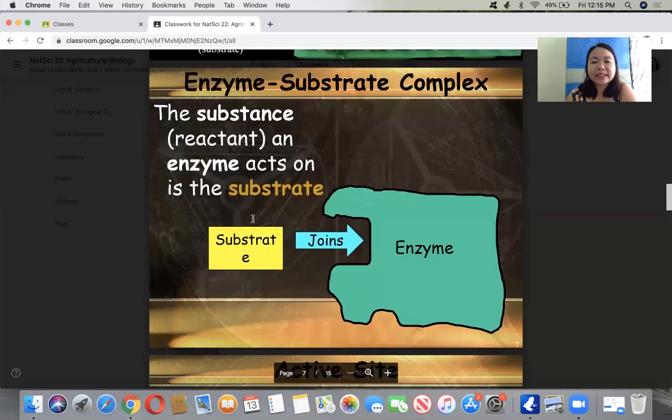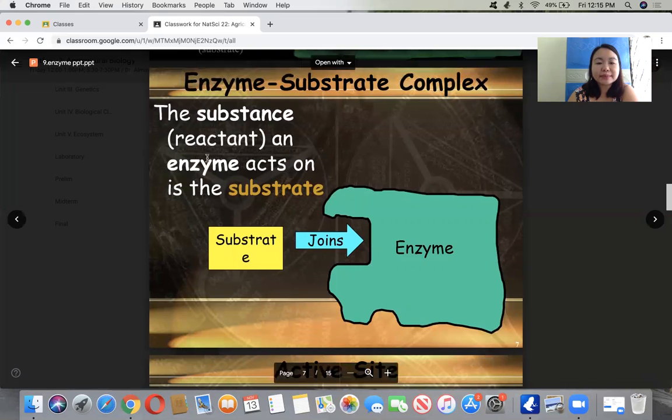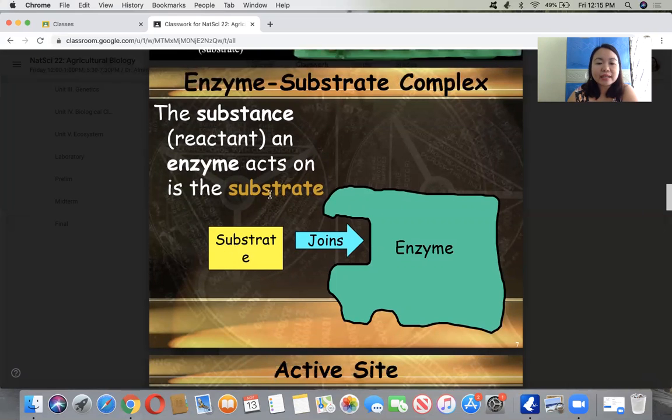The enzyme-substrate complex is the one introduced earlier, wherein the substrate is fitted and joined into the particular active site of the enzyme. The substance is the reactant, and the one an enzyme acts on is the substrate.